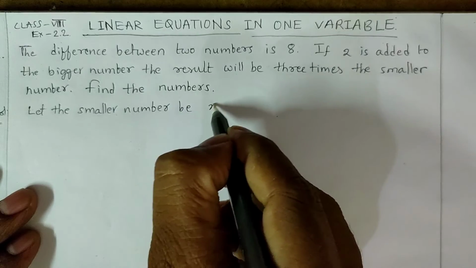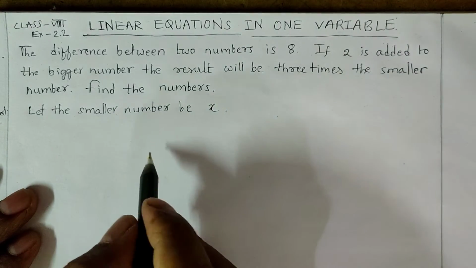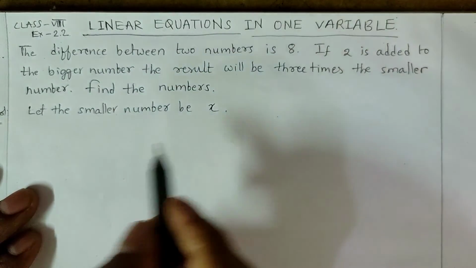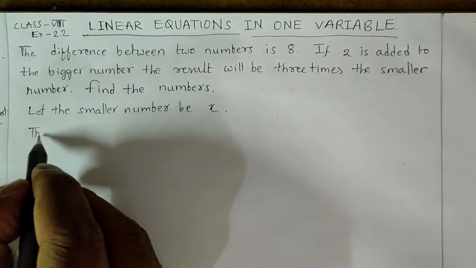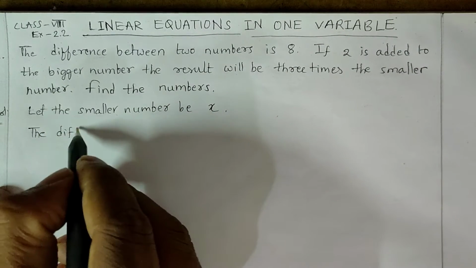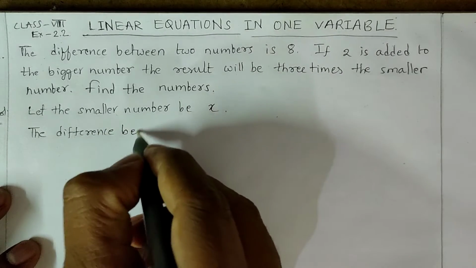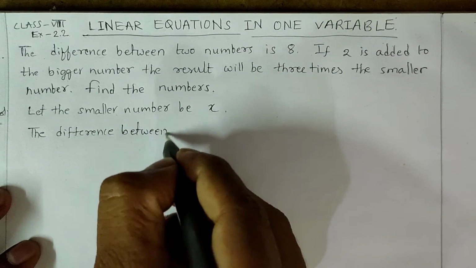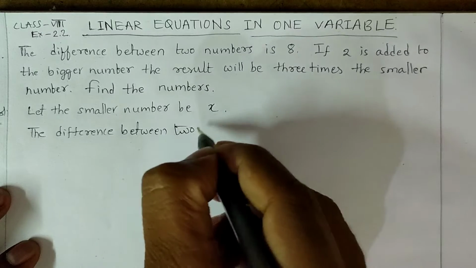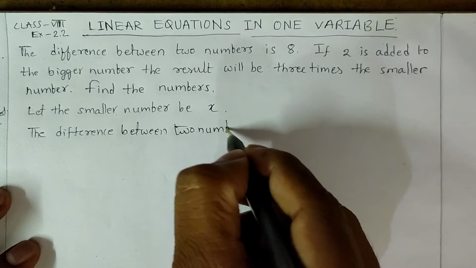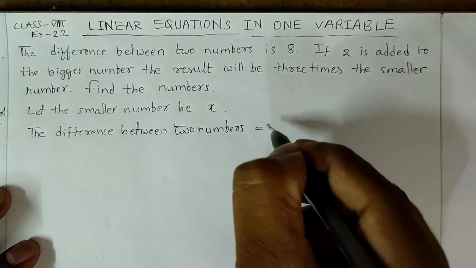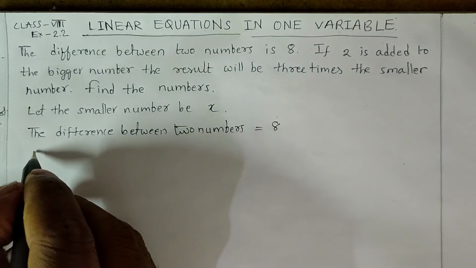Okay, let the smaller number be x, and the difference between the two numbers is 8, right? So the difference between two numbers equals 8.